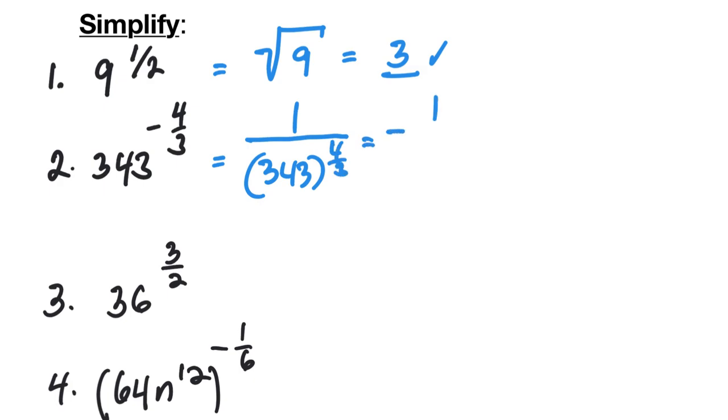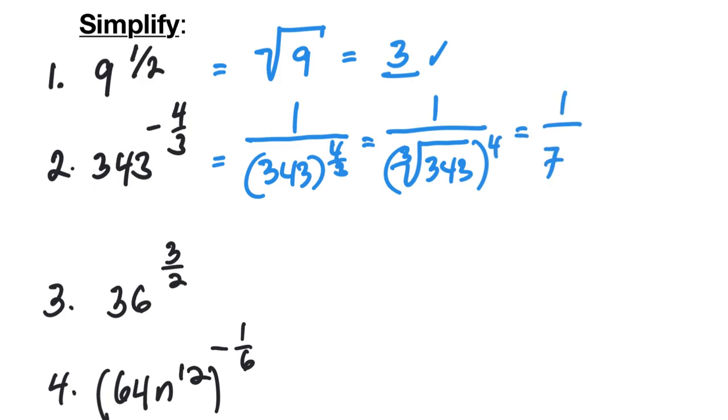And in its radical form, it's going to be 1 all over the cube root of 343 raised to 4. That's going to give you 1 over 7 raised to 4. That's going to give you 1 all over 2401. Okay, that's your final answer there.